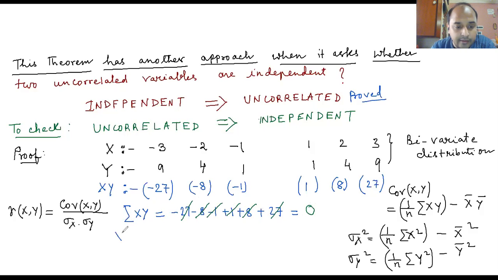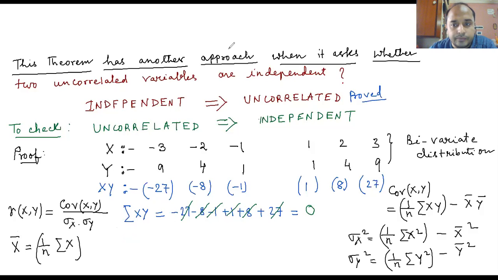Now if we want to calculate the arithmetic mean x bar, let us write the formula first: x bar is equal to 1 by n summation x.